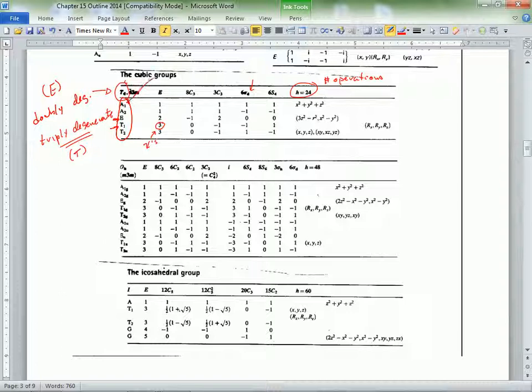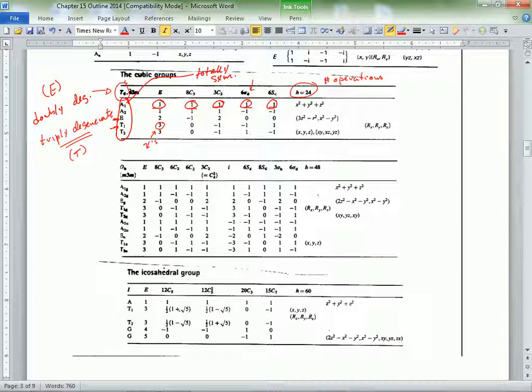The top one is our totally symmetric one. Did you notice it? Look, it's all ones. If you're going to add all the characters for that totally symmetric representation, so we're talking about A1, and it's always the top one, and it's all ones, a common mistake is just to add these up, 1, 2, 3, 4, 5, and call that 5 as the total.